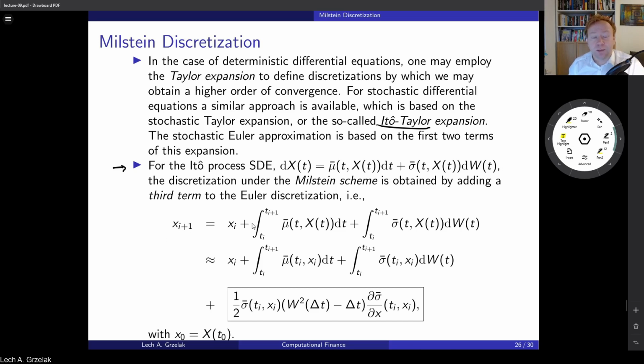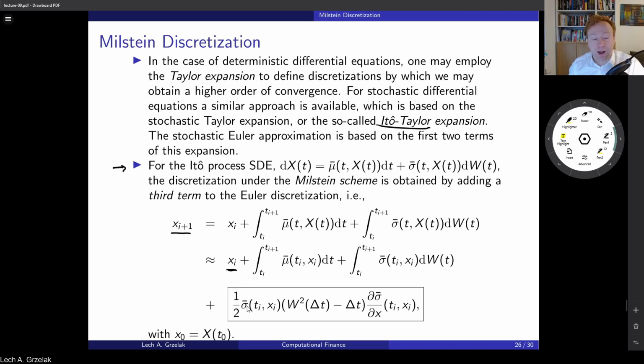So if we talk about Euler discretization, we have essentially an initial point. So we have step t_{i+1} equal to the value of f_i, and then we have two elements: a drift and a diffusion part. Milstein discretization involves an additional third term that needs to be included.